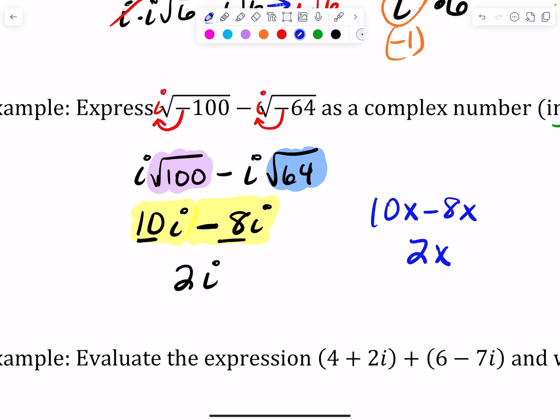So we treat that i just like a variable. The different part is it can come out of our radical starting as a negative and turn into an i. Or if we get i squared, we replace it with -1. That's just the difference between the i and the x.